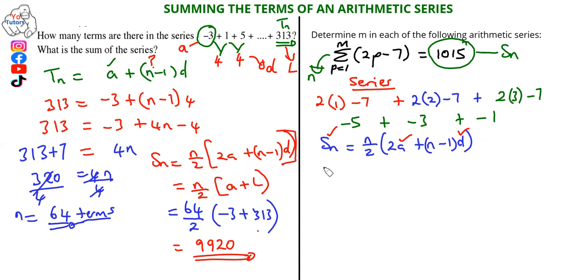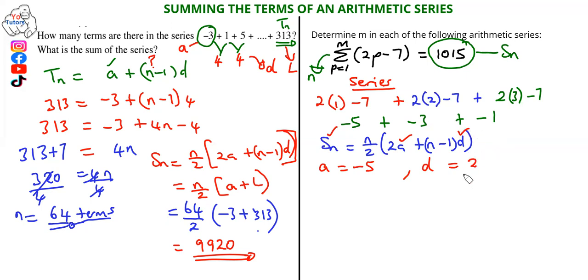So in this case, our a, we know now, is negative 5. What is our d? Our d, if we say minus 3 minus 5, minus 3 minus 5 is going to give minus 3 plus 5, which is going to give us 2. And if you say also minus 1 minus 3, that is going to give you also a positive 2.